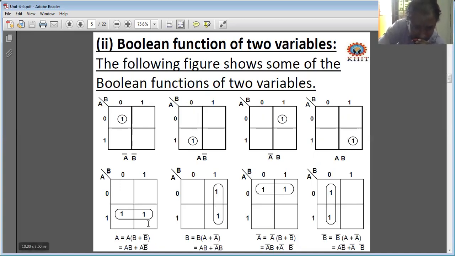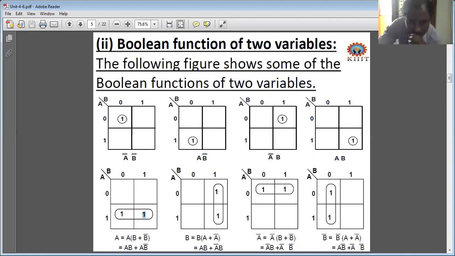In this case, you consider this one: this one is AB bar plus this one is AB. AB bar plus AB, that is A into B plus B bar.